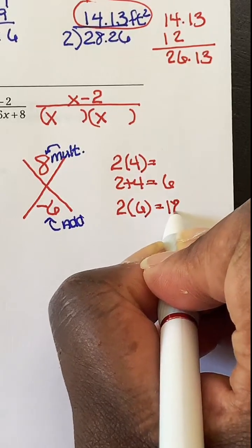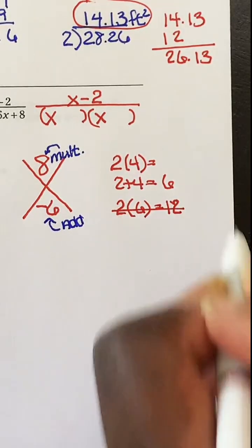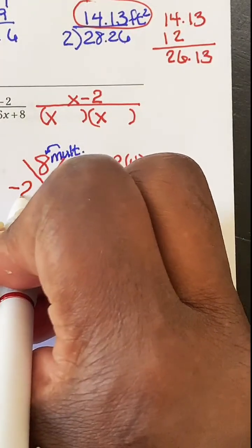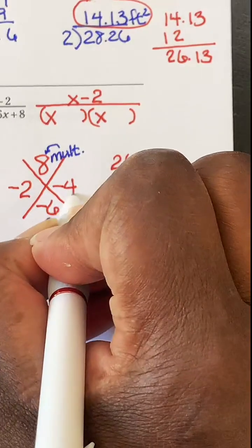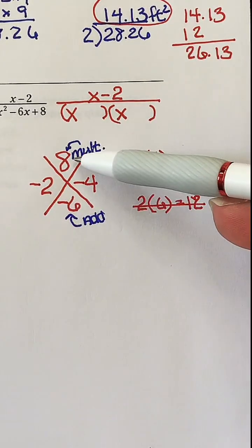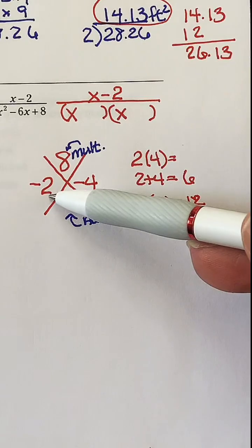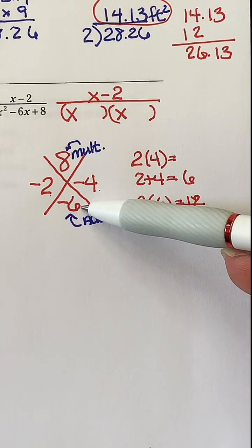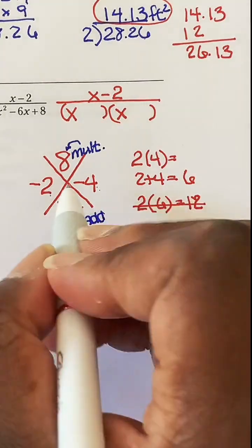This doesn't work at all. But a -2 times a -4 gives me a +8, because negative times negative gives me a positive, and -2 plus -4 gives me -6. So this is our combination.